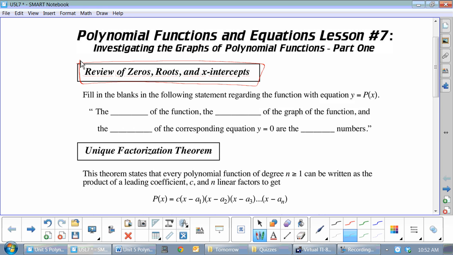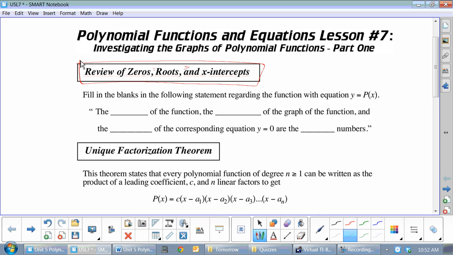the thing that I have been repeating over and over and over again. And these are all equal, right? Zeros equal roots equal x-intercepts. Now, we always have to know that because they shouldn't just interchange a word on us and now we're all messed up. Oh man, I know how to find zeros, but I don't know how to find x-intercepts, okay?